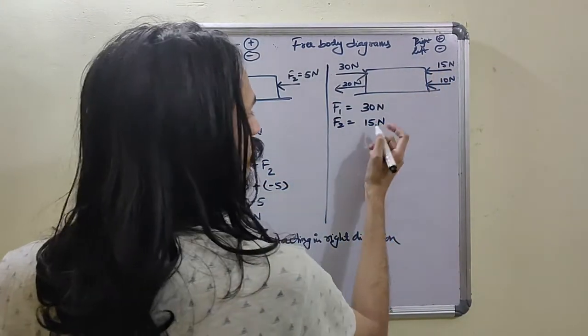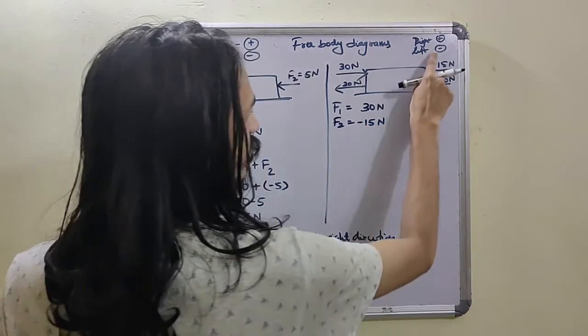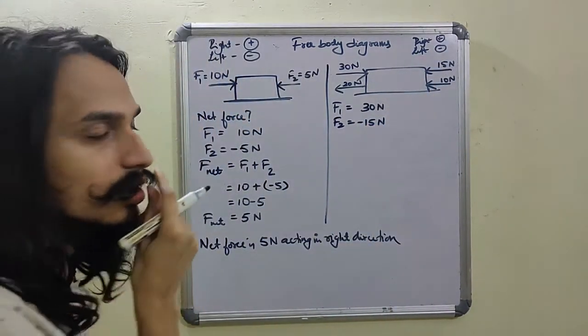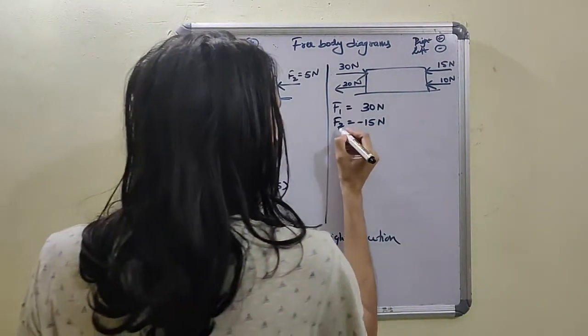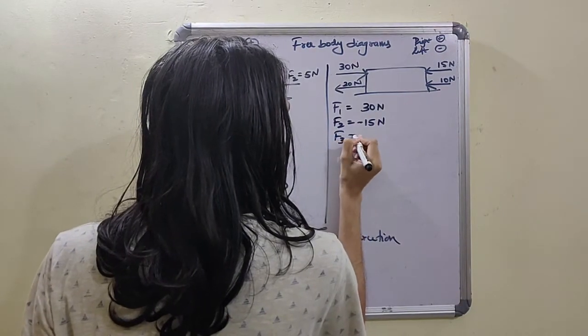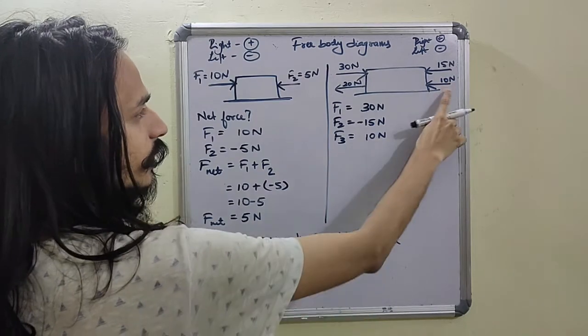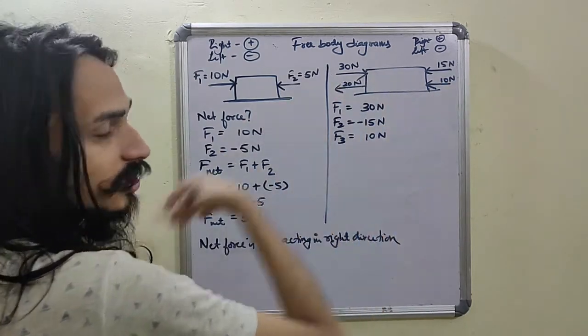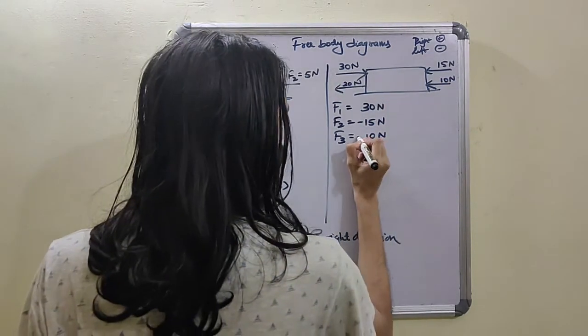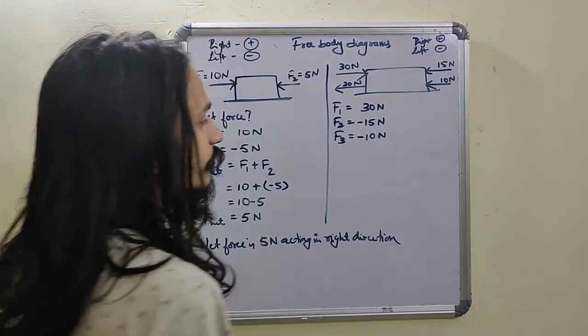The arrow is pointing towards the left, so I'll say minus 15, because left is minus. In the same way, F3 is 10 newtons. Again the arrow is pointing left, so minus 10 newtons.